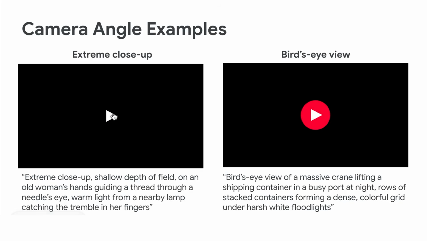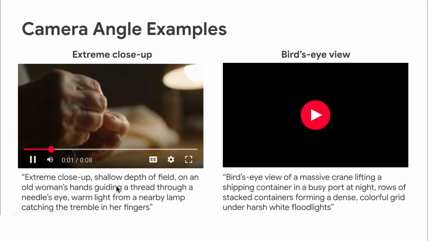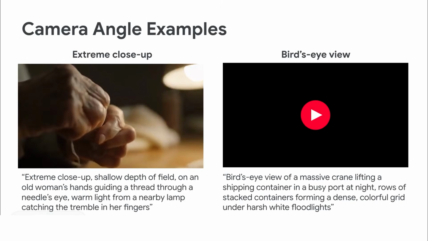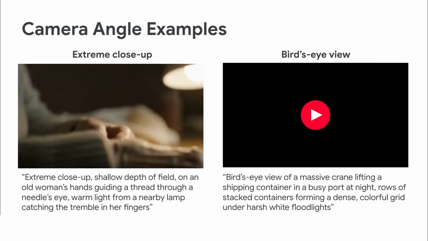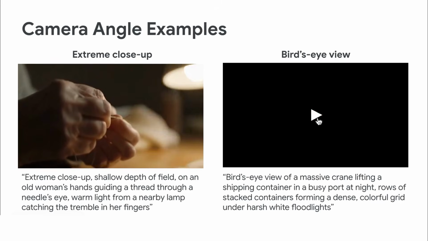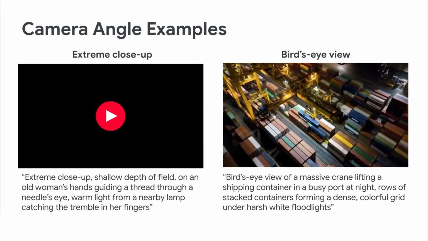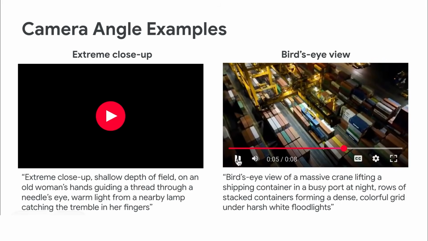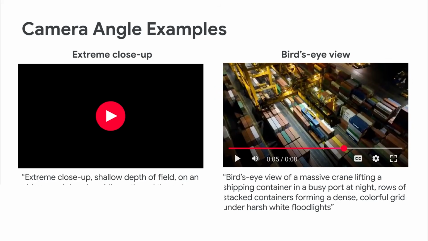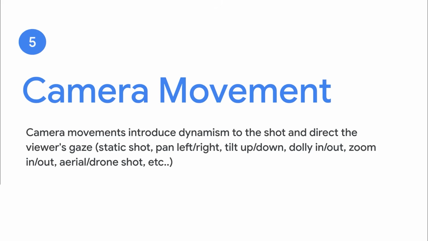So an example of an extreme close up, you'll get something like that. Maybe it'll look like it's a macro lens from a camera. And then when you ask for a bird, you'll get a different experience. So camera angle can really help set the stage in addition to those environmental prompts that we were talking about earlier.